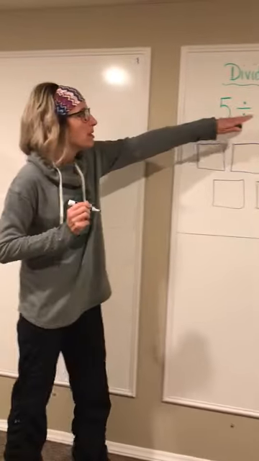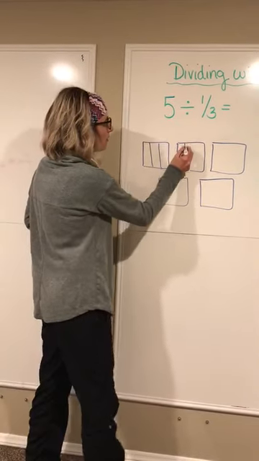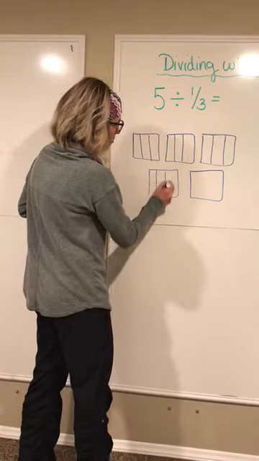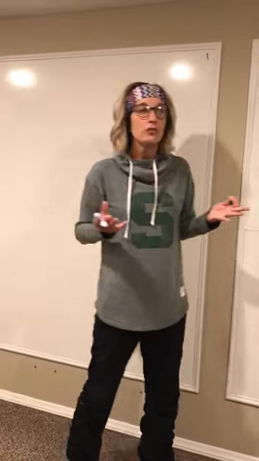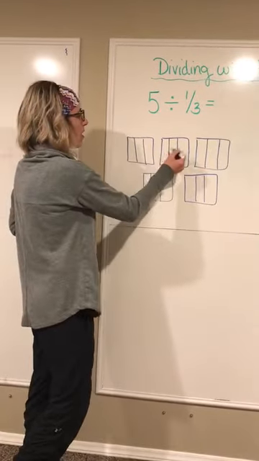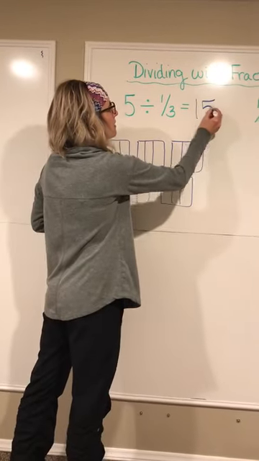And I would cut them into my thirds. So you have to cut each of your candy bars into your sections. So you have your 3 sections on each candy bar. And what you want to think to yourself is, how many pieces will I have? So if I counted up all my 1/3, I would have 15 pieces.